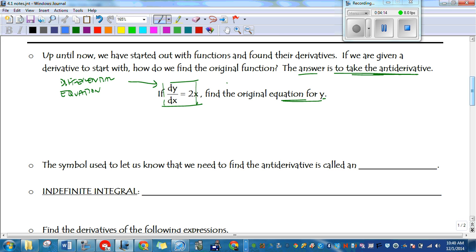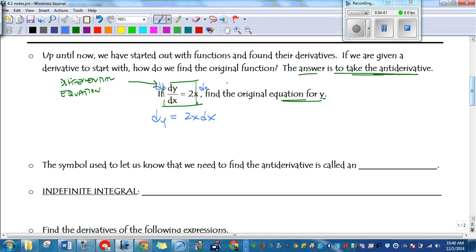To do that, the first thing we're going to do, and we'll do more examples of this later in the chapter, is separate the variables. Here we have dy dx. We want the y stuff on one side and the x stuff on the other, so I'm going to multiply both sides by dx. And we get dy equals 2x dx.